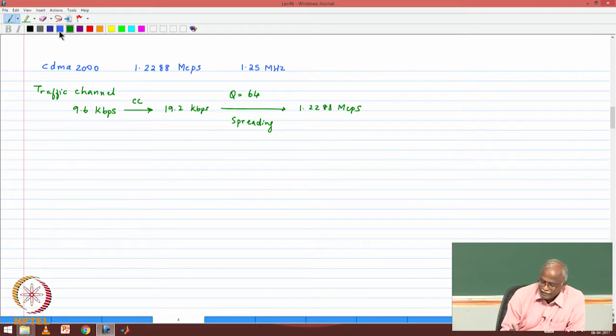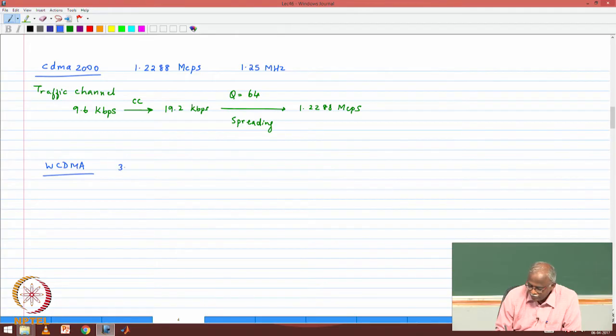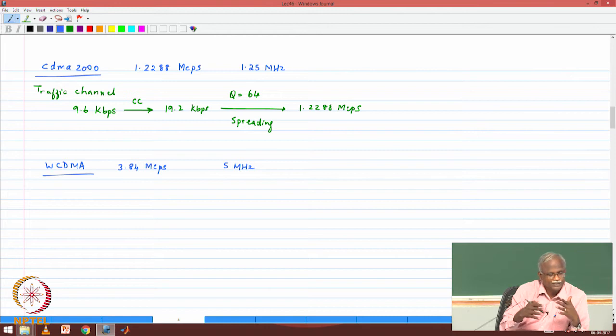Now on the other hand, wideband CDMA has a chip rate of 3.84 mega chips per second in an occupied bandwidth of 5 megahertz, roughly 4 times the bandwidth of the CDMA2000 system. 4 times the bandwidth should approximately scale to 4 times the capacity, because that's how the systems are designed.